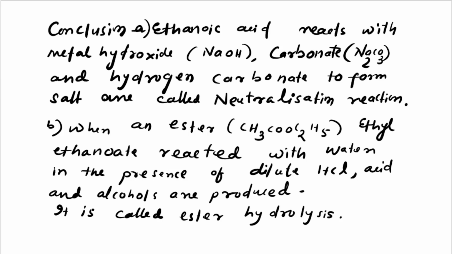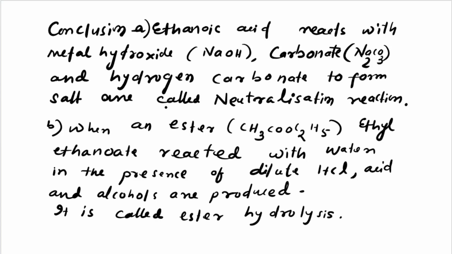What is the conclusion then? Ethanoic acid reacts with metal hydroxide, NaOH, carbonate, Na2CO3, and hydrogen carbonate, that means NaHCO3, to form salt, and this is called a neutralization reaction.